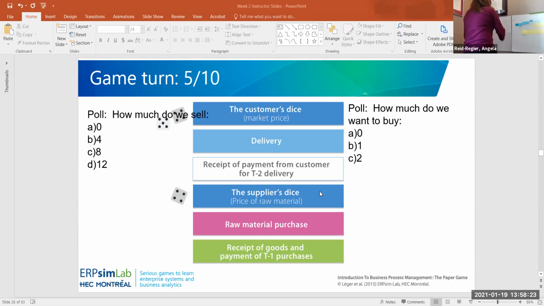And that's when we can also take delivery. Okay. So now we need to pay for anything that we bought last round. So we're going to write a check. And we need to pay from last round $2. And we need to take delivery of those 2 sheets of raw material. And again, we need to convert these raw materials. So I'm now production, and I'm going to convert these 2 sheets into finished goods.